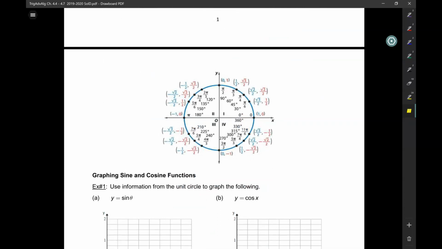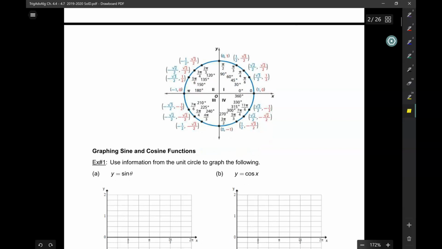This is the unit circle that we've been using. Let's familiarize ourselves with this. When I have an angle of pi over 6, or 30 degrees, and I draw my triangle that way, do you see how the vertical side is 1/2 and the horizontal side is √3/2?